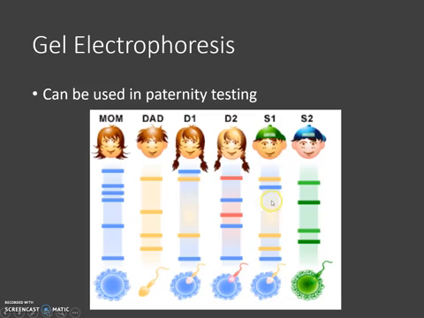If we look at son number one, he is definitely a product of mom and dad because once again his bands are similar to the first daughter's bands in that he either has bands that match up with dad or bands that match up with mom. So he gets his DNA either from dad or from mom.